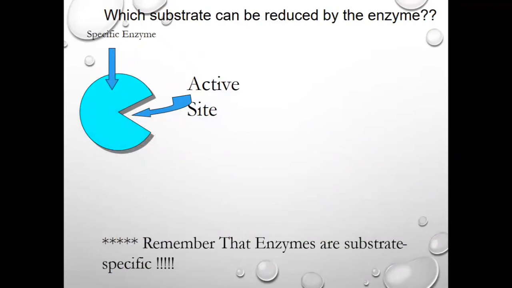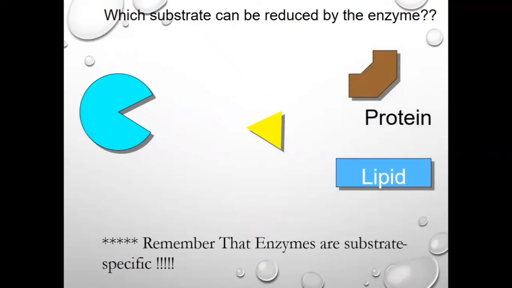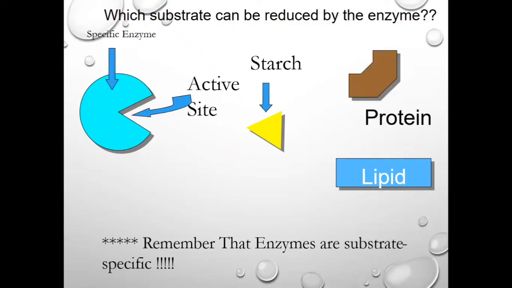Now, which substrate can be reduced by enzyme? So you have here a specific enzyme, active site, and you have the starch, and then protein and lipids.